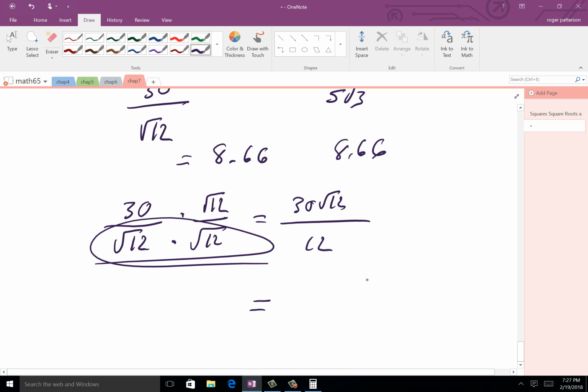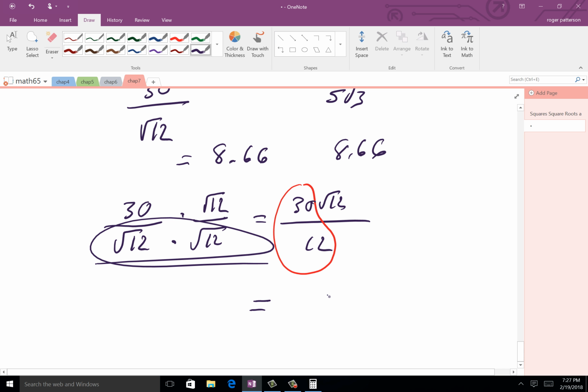Okay, we can reduce this a couple different ways. See here again we could have broken the 12 down, but I just went ahead and did it. So let's reduce this up. What's that going to reduce to? What goes into 30 and 12? 6 does.